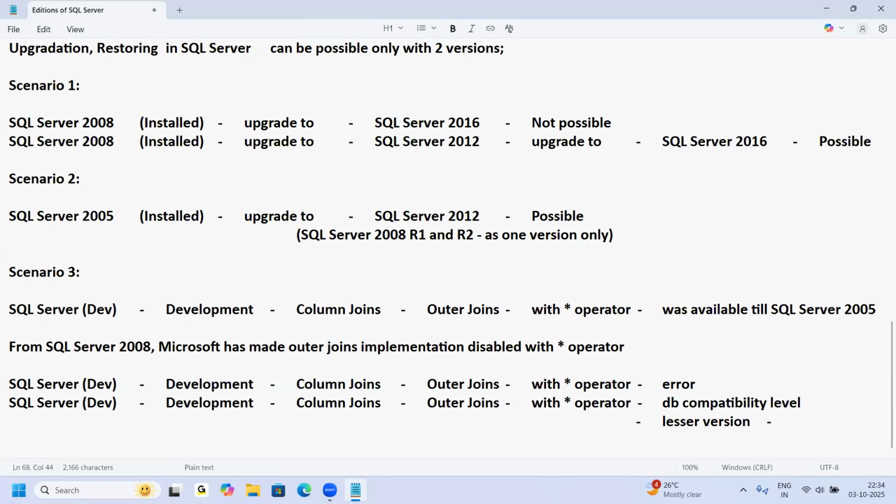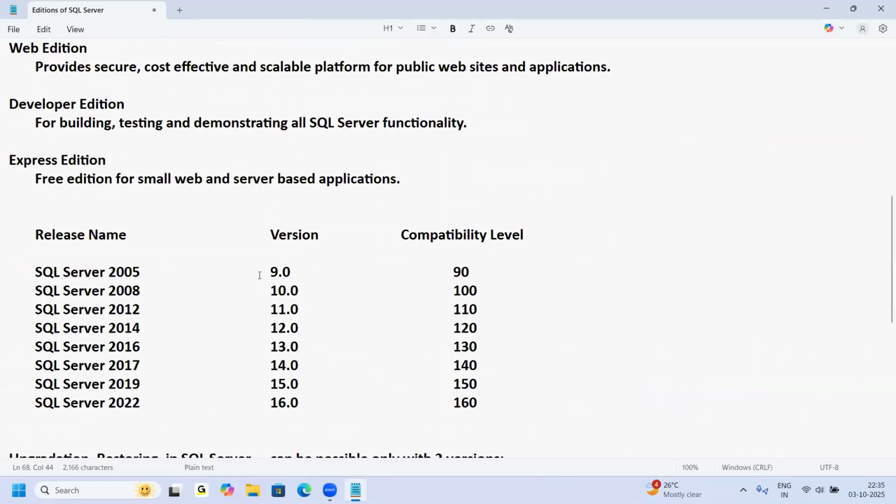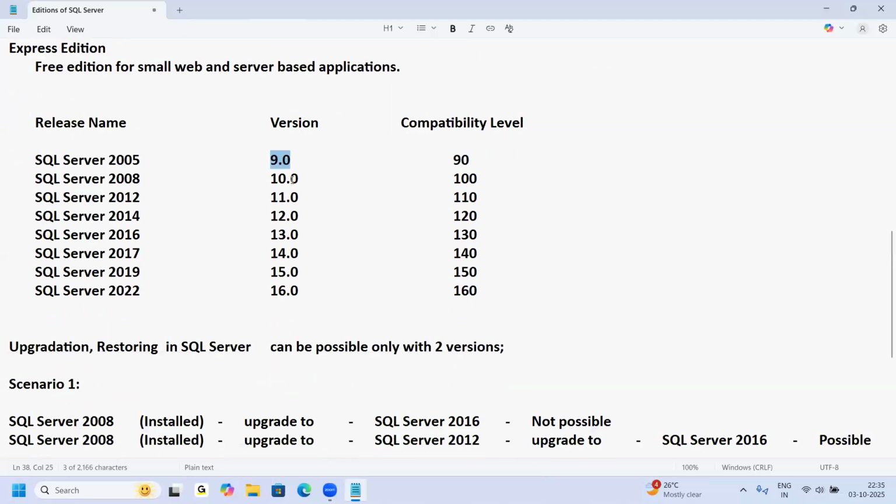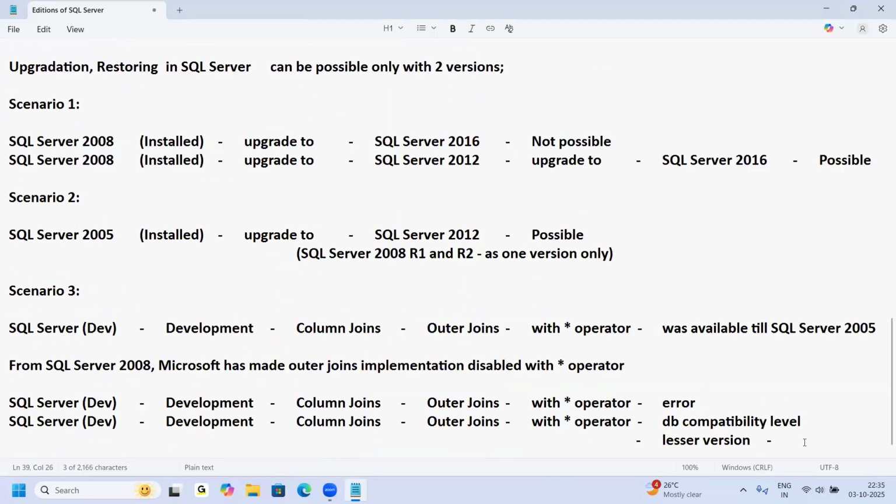That lesser version is the one in 2005, where we used to have proper implementation of the star operator. 2005 means which version? 90. You are in which version? 100. So lesser version, 90. Change the database compatibility level.